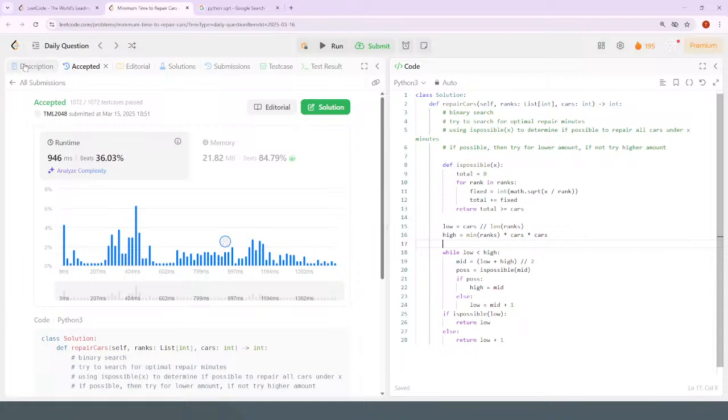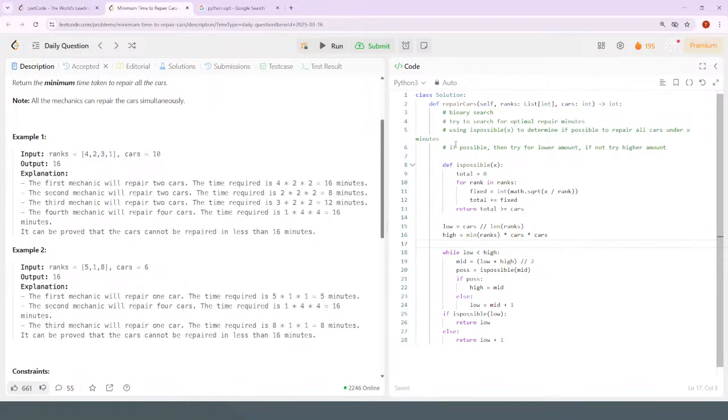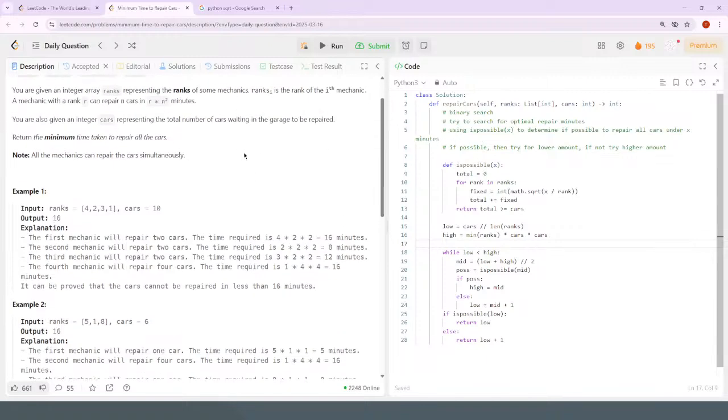How to optimize this? So this is a solution that is n log n for sure, where n is the number of ranks. Return the minimum time to repair all cars. So is there maybe like a linear approach to it?